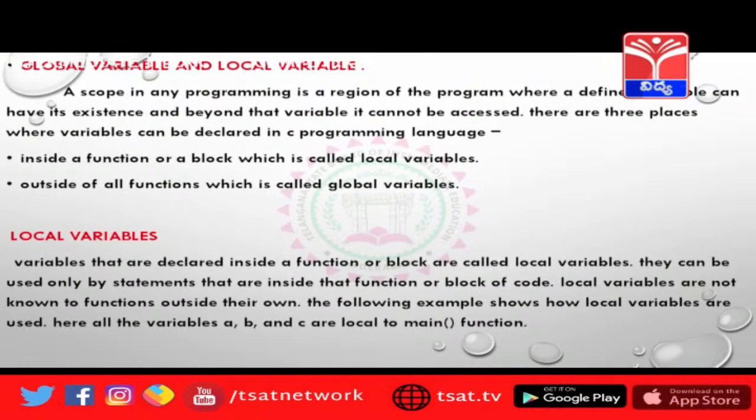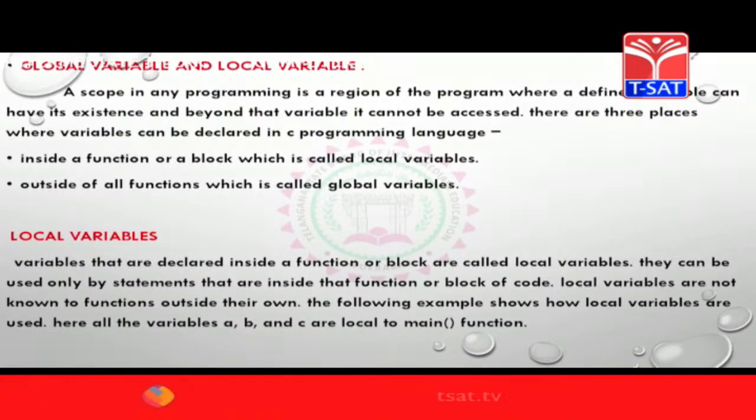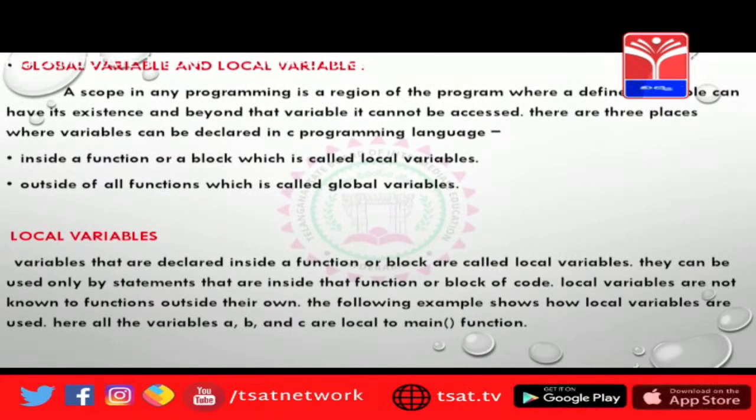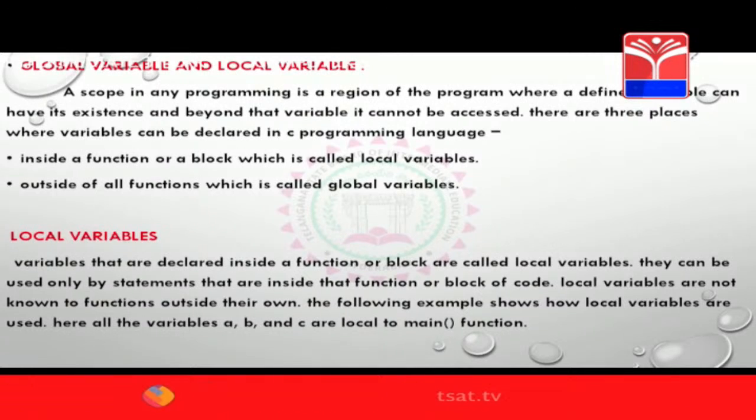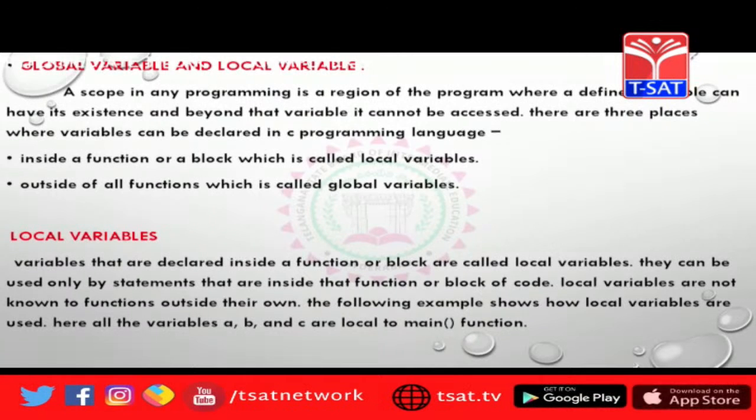A local variable is always placed below the main function declaration of a program, and a global variable is always placed above the main function. Now, let's see in depth: variables declared inside the main function or block are called local variables.